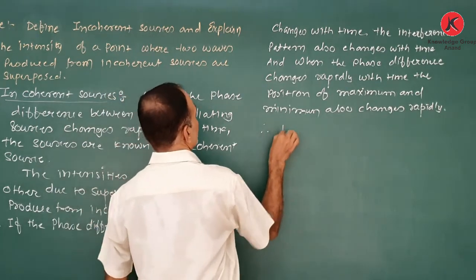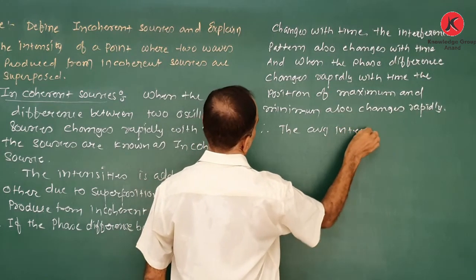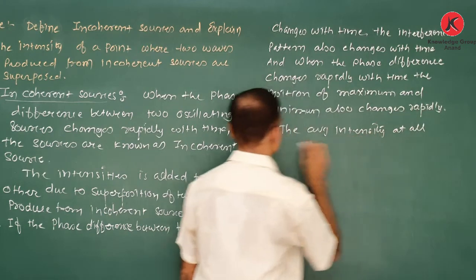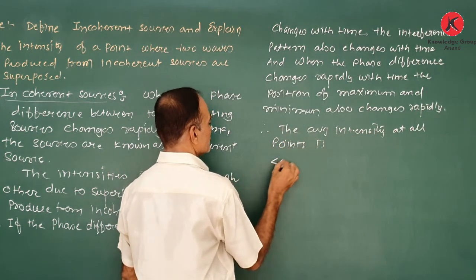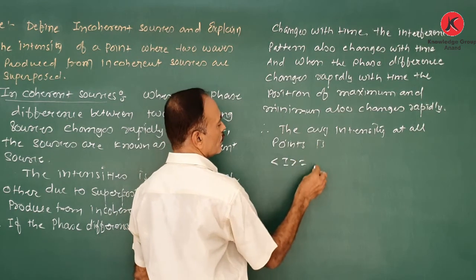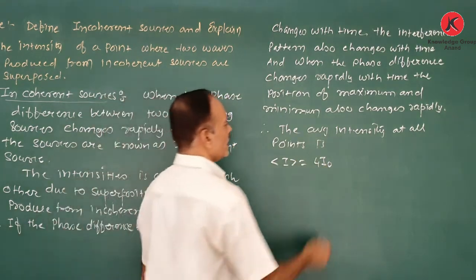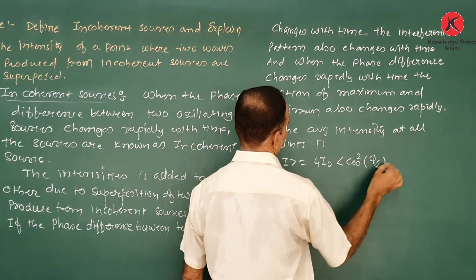Therefore, the average intensity at all points is: average I = 4I0 times the average of cos² (phi/2), with the maximum value taken out.